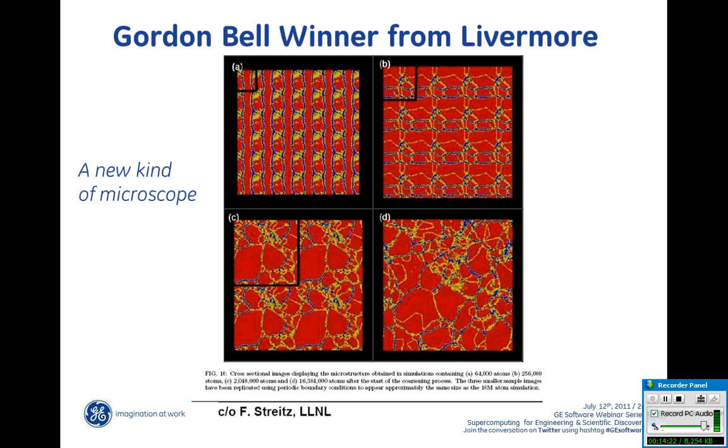This is like a new kind of telescope or microscope. A great example of this was the Gordon Bell winner that was run on Livermore's Blue Gene machine, where what we're looking at here is an alloy.